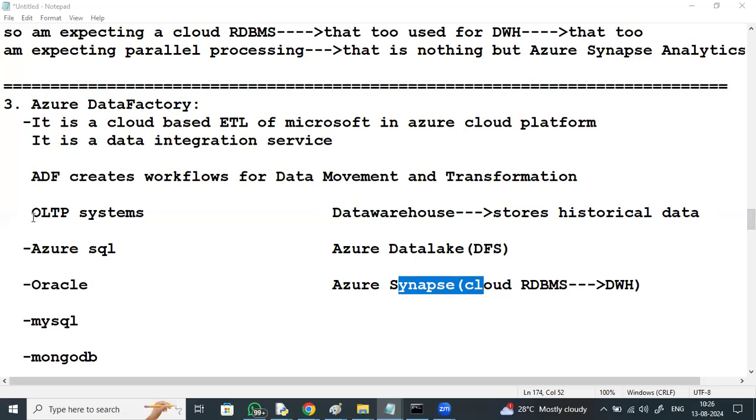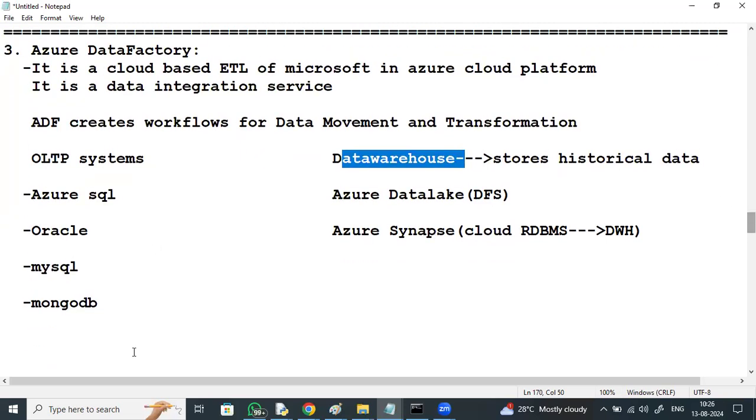See here, OLTP systems are on one side, data warehouse systems on the other side. But ADF doesn't come as OLTP or as a data warehouse system. Observe here, ADF doesn't come in OLTP.